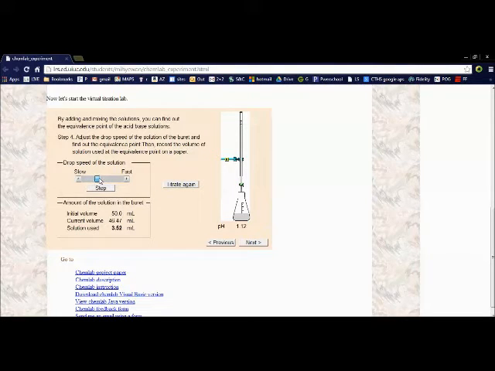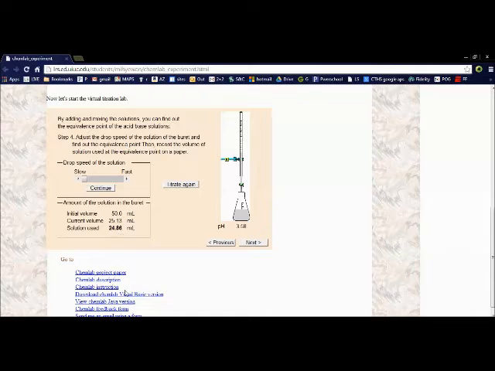So I can speed it up a little bit, and still, again, I have to react almost all of the HCl before my pH is even going to be at pH 2, so it's going to creep up nice and slow. And the way it's set up, we should see a color change here pretty soon, right at 25 milliliters. So, I'm going to stop there, leave you in suspense for just a second. We're almost there.